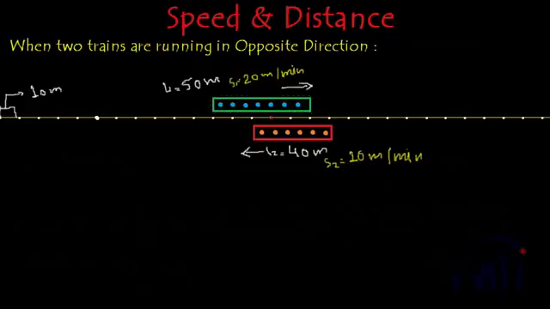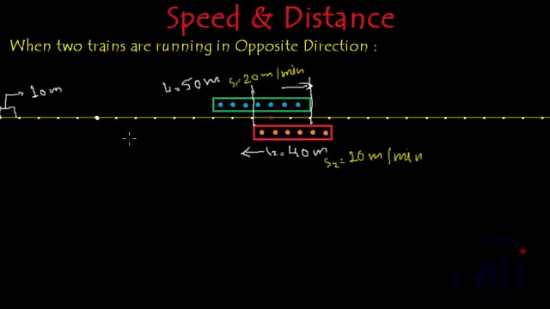So this will be the situation after 1 minute. In 1 minute, their front ends have actually become 30 meters apart. They have actually crossed 30 meters of each other, isn't it?